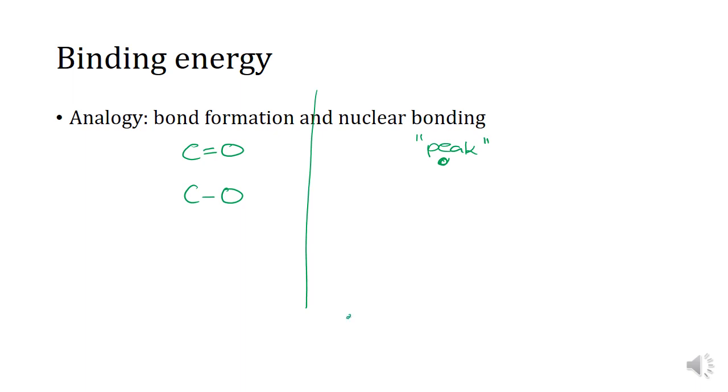Everything that's lighter fuses to get up to that peak. Everything on the other side fissions to get to that peak. So the stronger that nucleus, the higher the binding energy, the more likely it is to move towards that point.